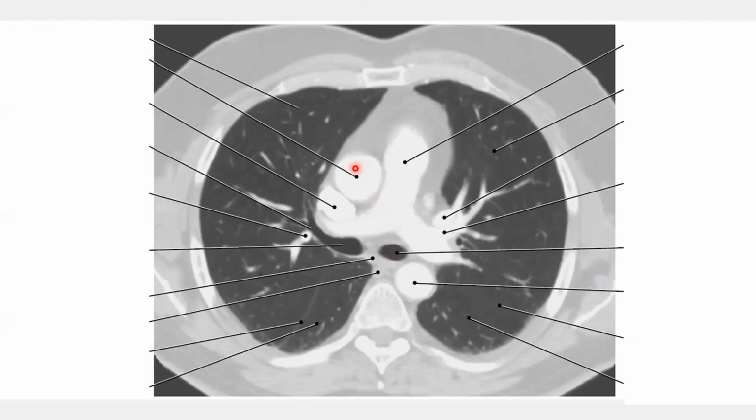Then can you guess what this is? Bit difficult. What is this? It starts from the heart and enters the lungs. Blood supply from the heart to the, yes, the pulmonary arteries.